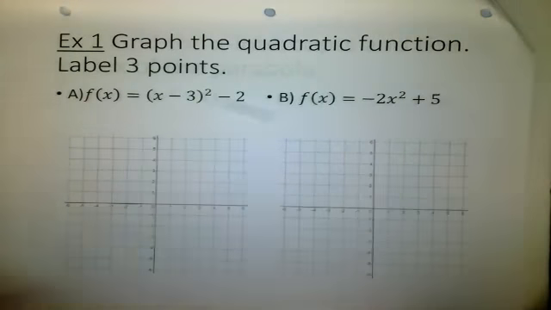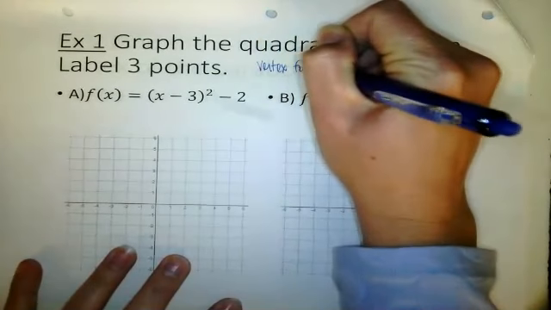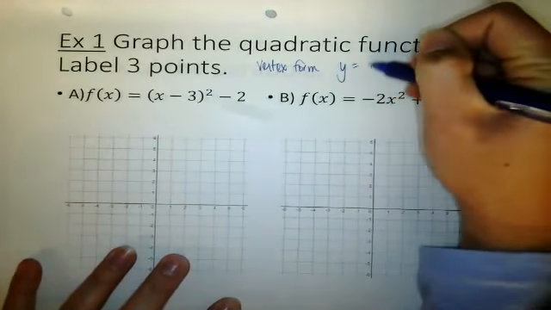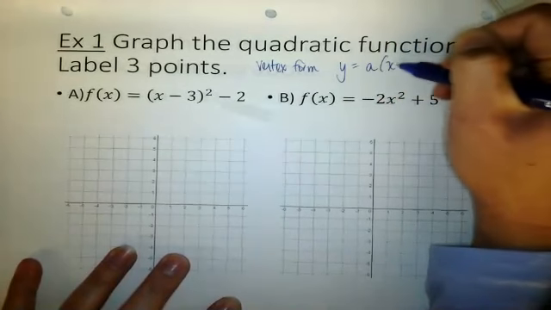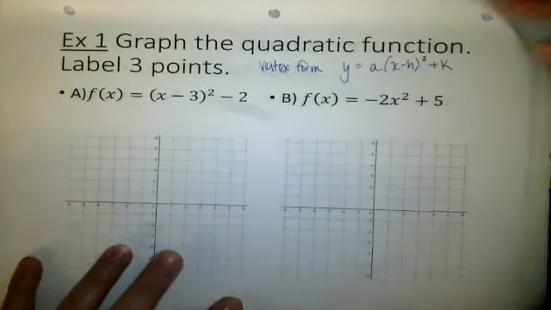All of these are in vertex form, but stuff may be missing or invisible. So I'm going to write down vertex form, y equals a times x minus h quantity squared plus k. It's a good form to know and memorize.